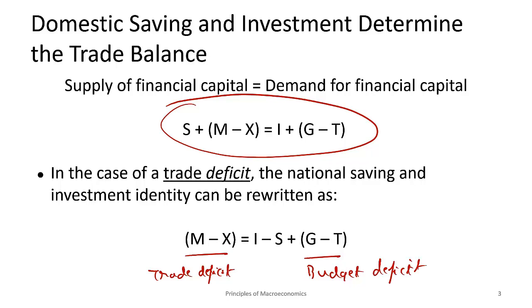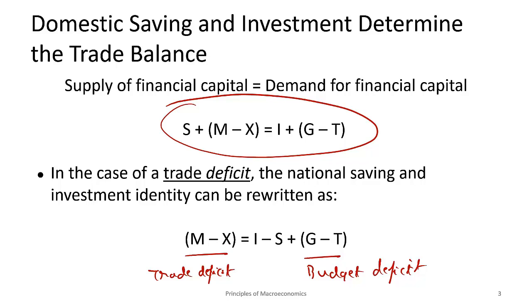And we all know private domestic investment is nothing but private domestic savings. So this is always the same, it is equal. So essentially, any trade deficit must be equal to your budget deficit or vice versa.